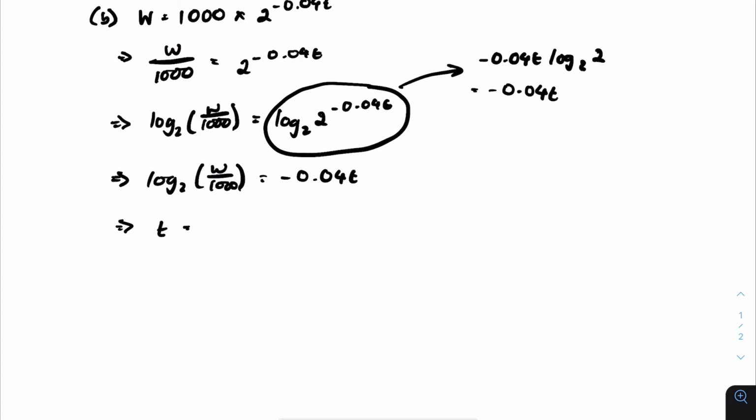So T is equal to log base 2 of W over 1,000 divided by negative 0.04.